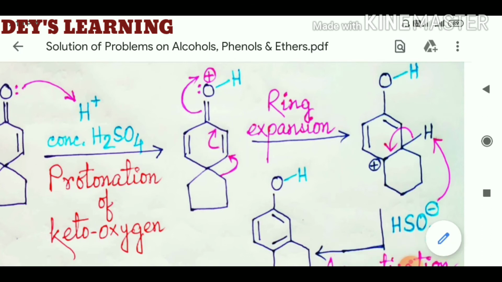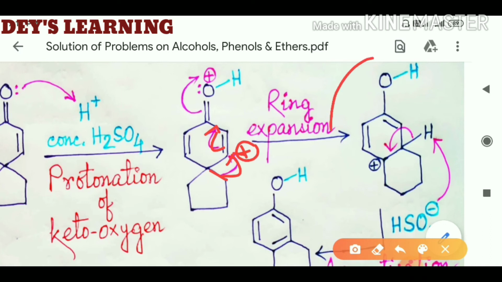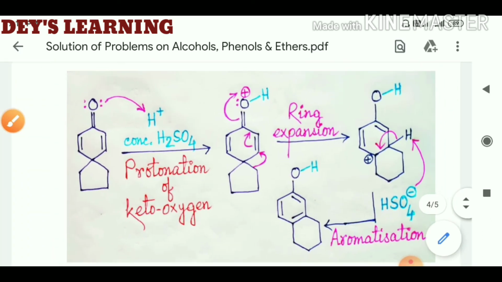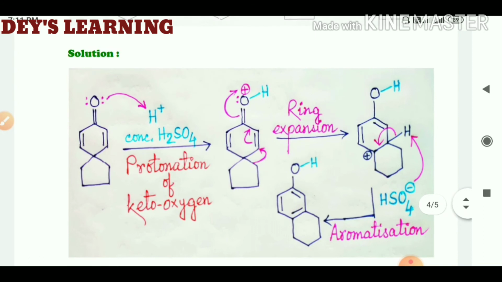We can think in this way: when this double bond is shifted, the positive charge will be developed here, and as a result the ring expansion occurs. This 5-membered ring, this bond will be broken and the ring expands, and as a result we get this sort of intermediate. This is a ring expansion process, and in the last step the aromatization occurs.